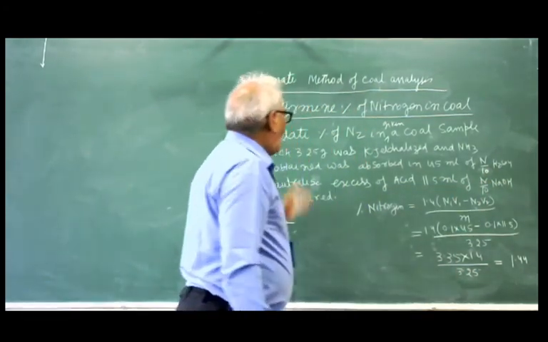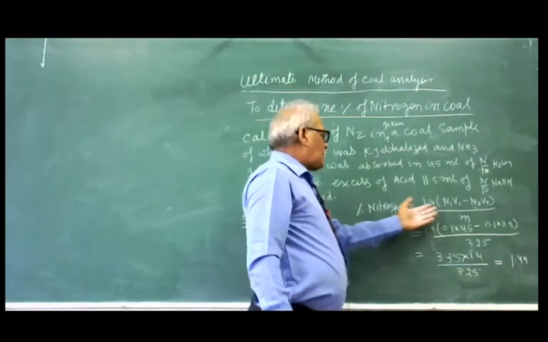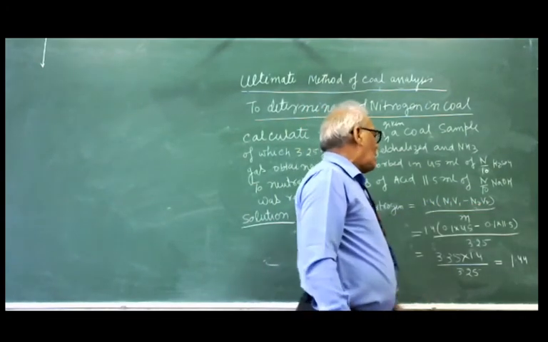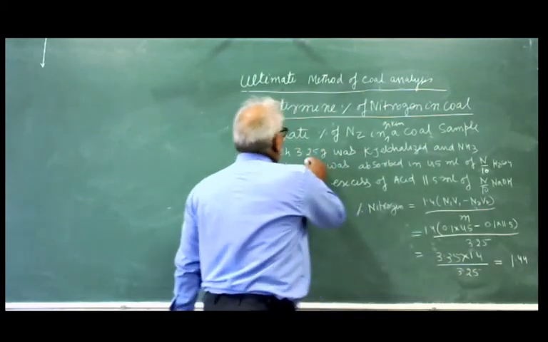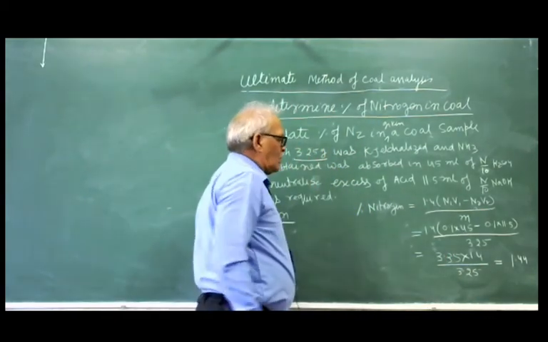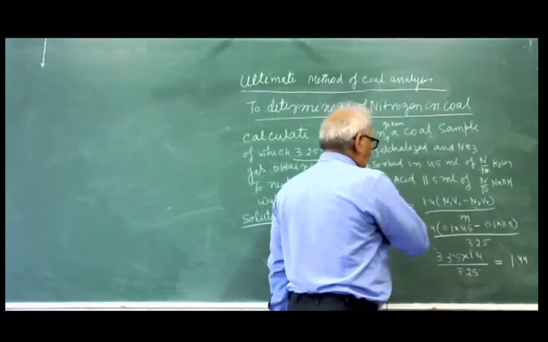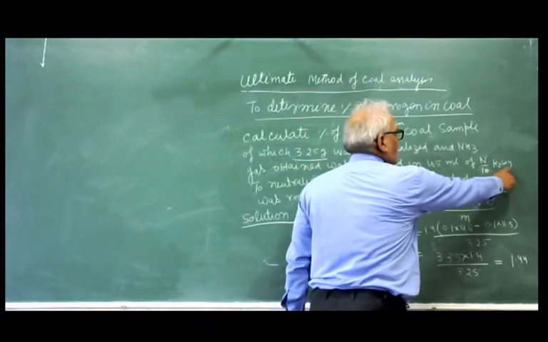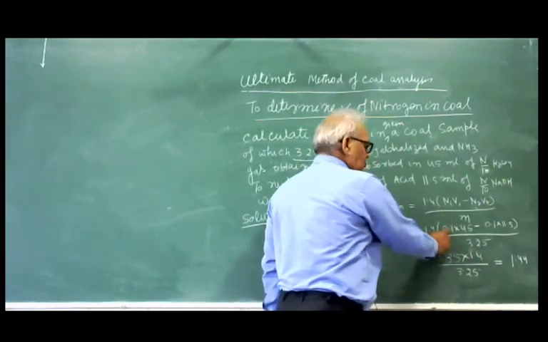So put all these data in the formula 1.4 into N1 V1 minus N2 V2 upon M. M is the mass of the coal. N1 is the strength of the acid, which is N by 10, that is 0.1.